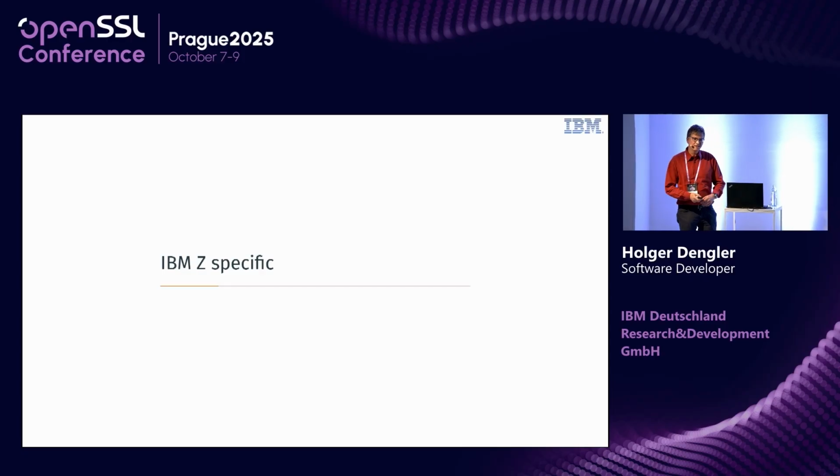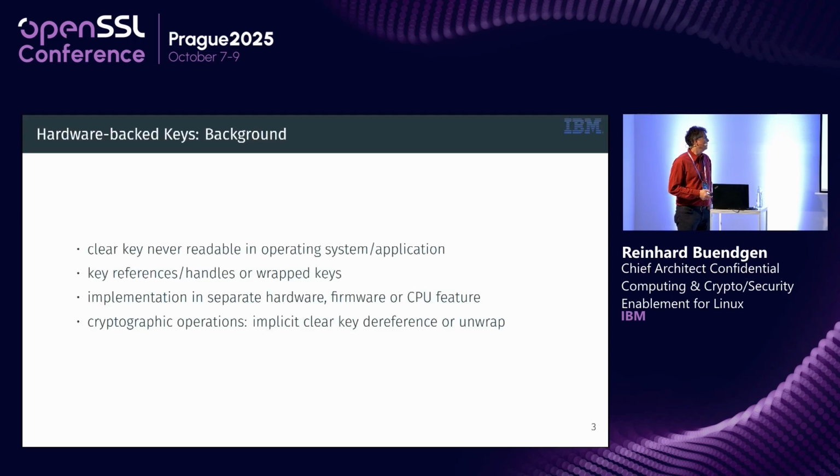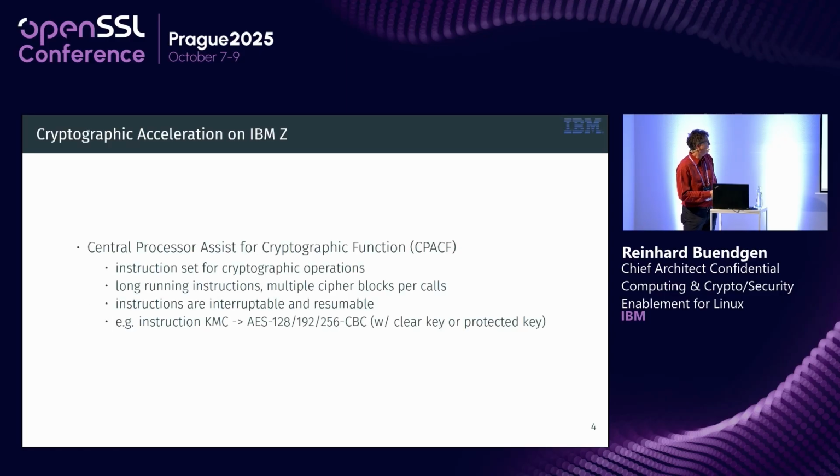Hello from my side. Now I want to present you a specific form of hardware-backed keys. They are provided by a feature inside our CPU called Central Processor Assist for Cryptographic Functions, or CPACF for short.